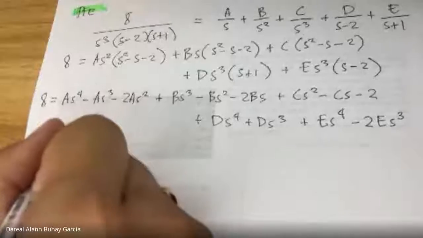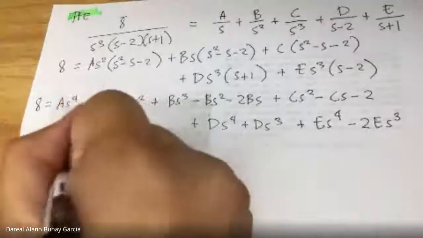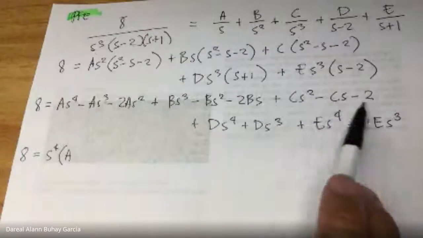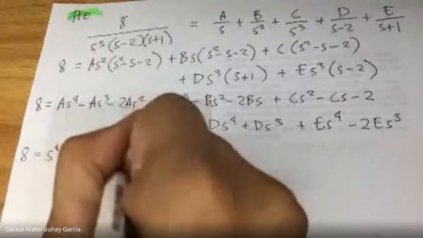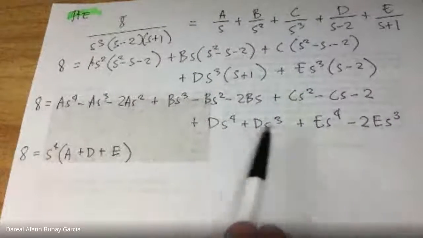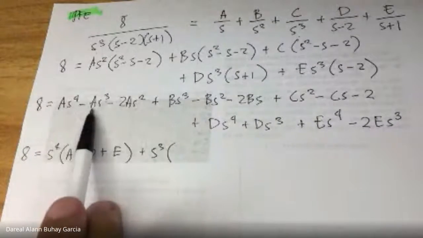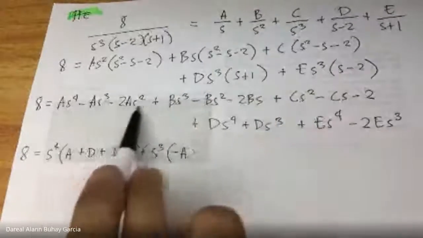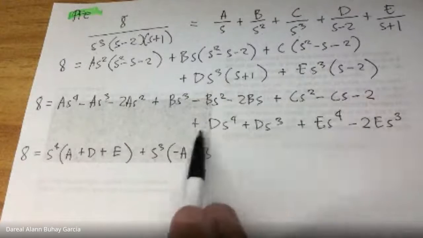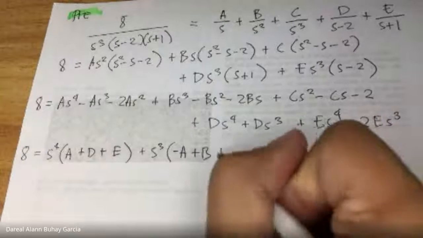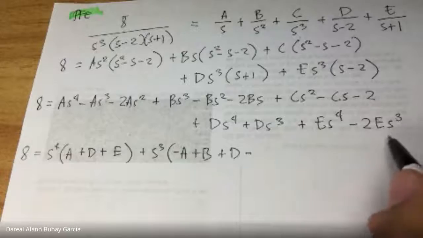Combine all coefficients of S to the power of 4: A plus D plus E. Next, S cubed: negative A plus B plus D minus 2E.